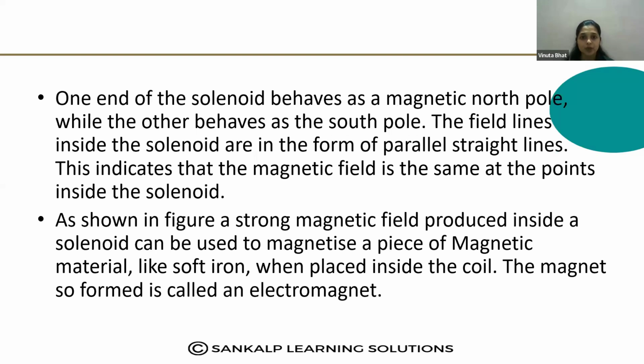Yes, one end of the solenoid behaves as a magnet's north pole while the other behaves as the south pole. The field lines inside the solenoid are in the form of parallel straight lines. This indicates that the magnetic field is the same at all points inside the solenoid. As shown in the figure, the strong magnetic field produced inside a solenoid can be used to magnetize a piece of magnetic material like soft iron when placed inside the coil. The magnet formed is called an electromagnet.